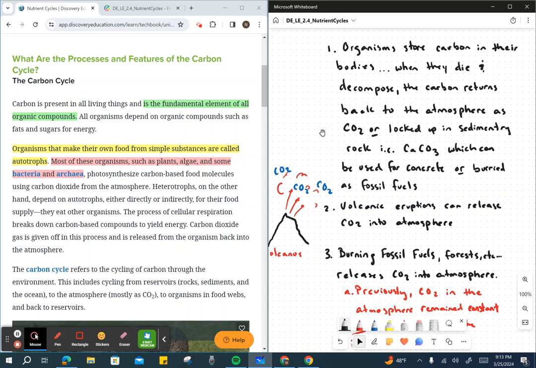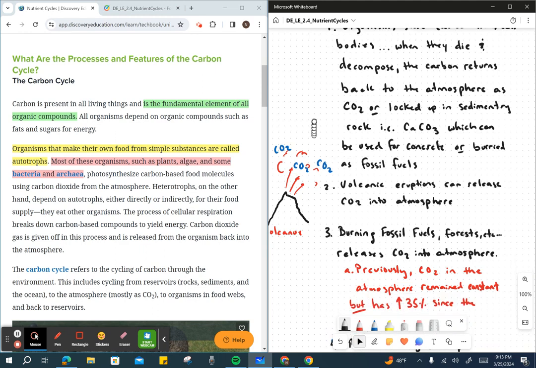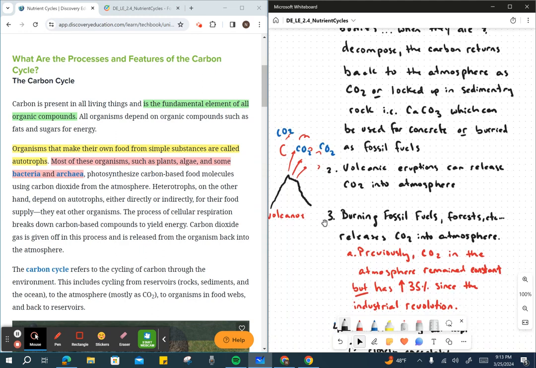So again, just taking a look at all these different forms here. Burning fossil fuels, when you burn wood in a fireplace or a campfire, you're releasing a lot of carbon that's been locked up in the cellulose of the plants. If you're burning oil, gasoline, you're burning hydrocarbons and releasing those carbons back into the atmosphere. And again, we're just talking about all the different ways that carbon is cycling.